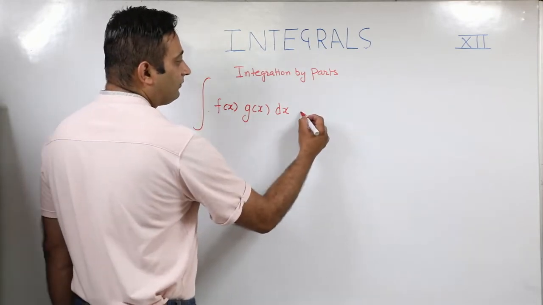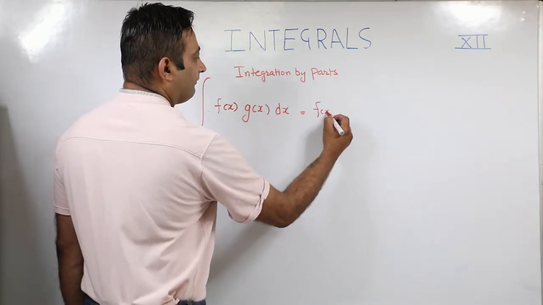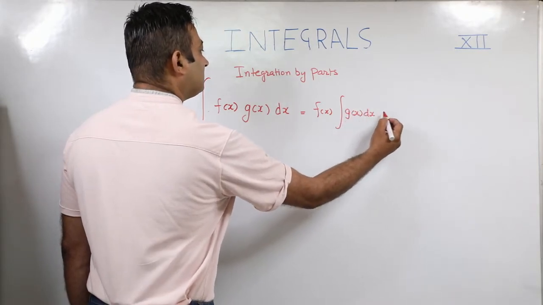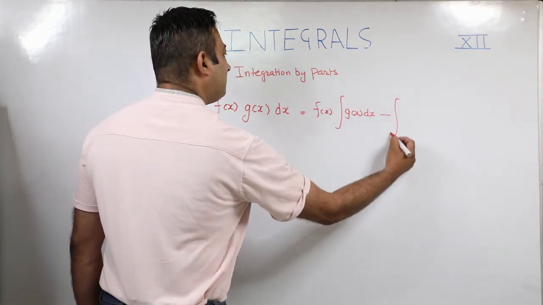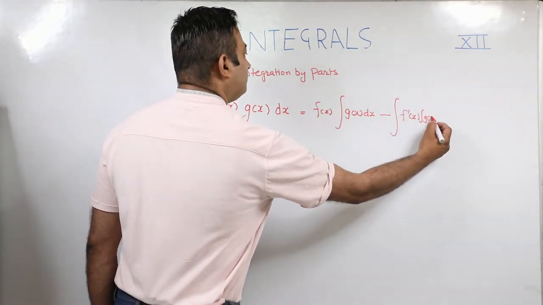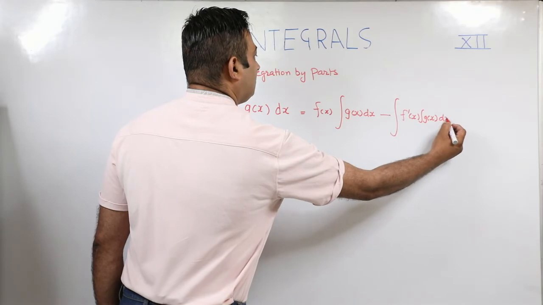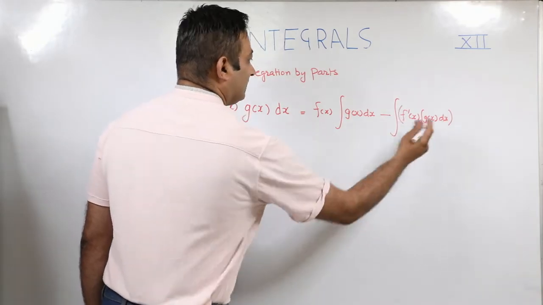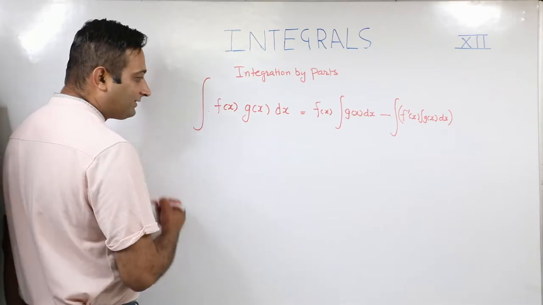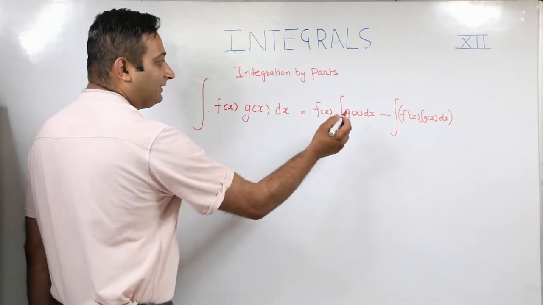The integral of this will be of the form f(x) times the integral of g(x) dx, minus the integral of the derivative of f(x) times the integral of g(x), and the final integration of that.